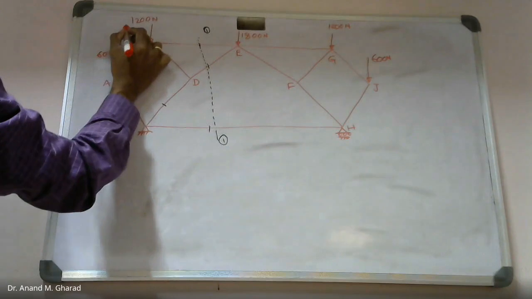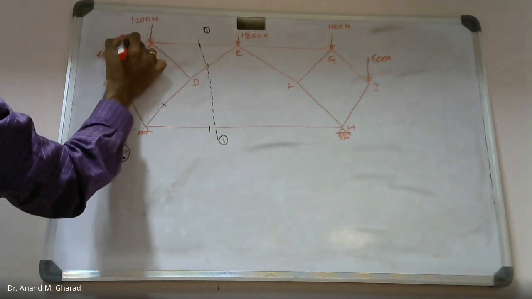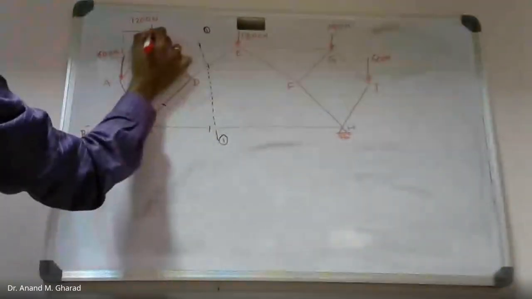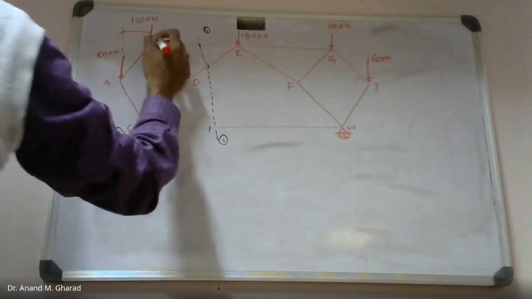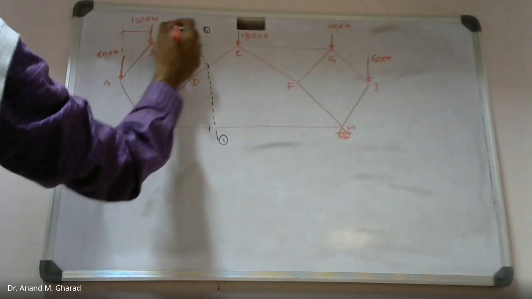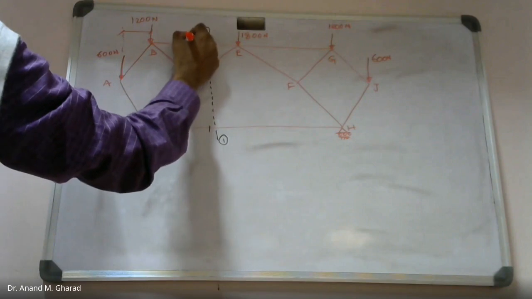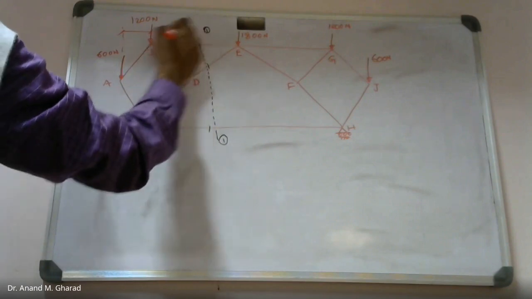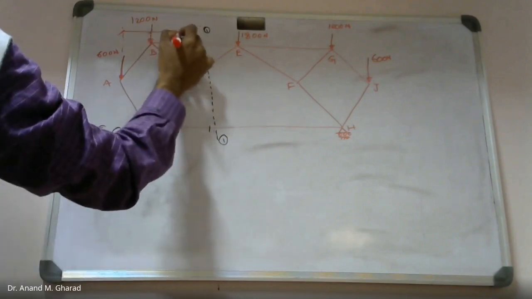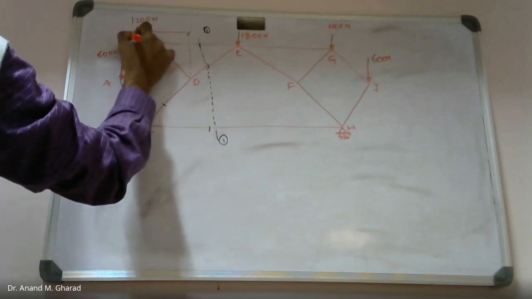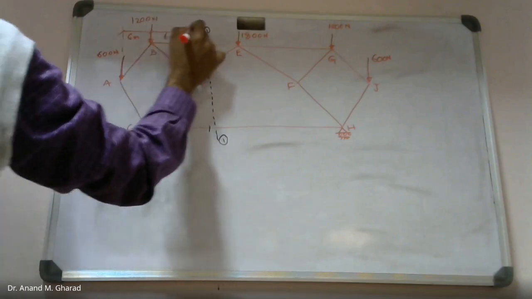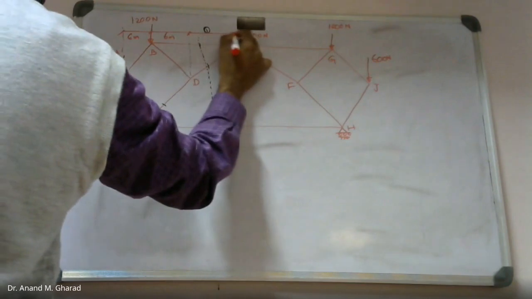And the dimensions are, from this point to this point, then from here to here. This is 6 meter, 6 meter. This is 8 meter.